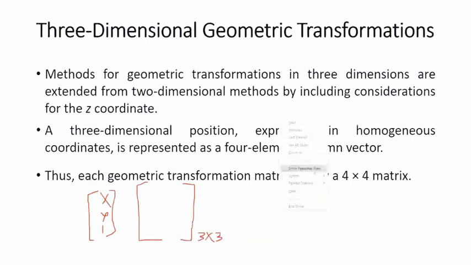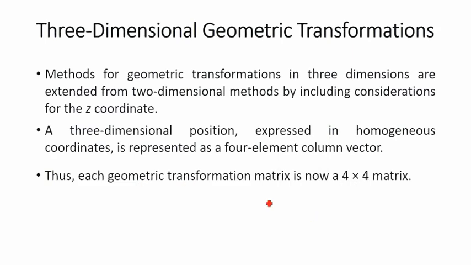Exactly the same way, if you are talking about 3-dimension, we add one more coordinate to the 2-dimensional coordinate system, that is the z coordinate. So if we just talk about a 3-dimensional representation, that is x, y, z as a point, then we use only a 3x1 matrix.